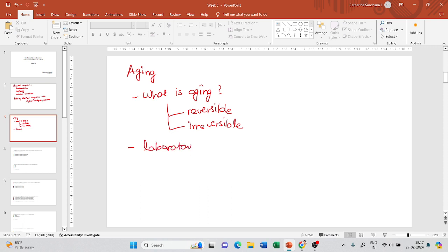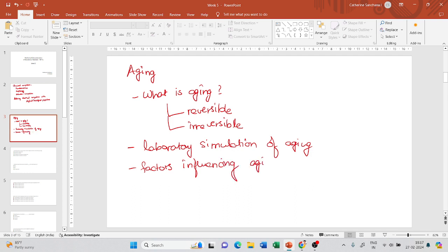Laboratory simulation of aging, and then factors influencing aging, and a few more topics. I'm not writing it in the sequential manner as ma'am has taken.